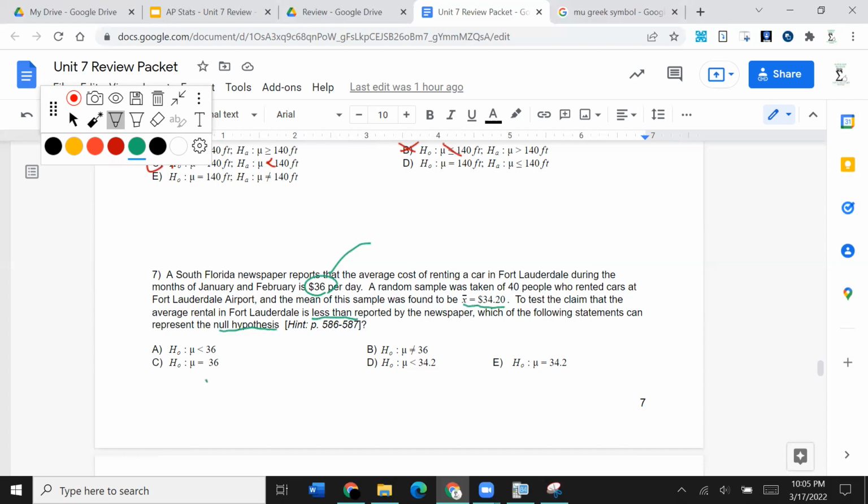So our null would be mu is equal to 36, always equal. An alternative would be mu is less than 36. And then this is our sample mean. So we'll use that number when we're trying to calculate our p-value and test statistic and all that stuff. But right now our hypotheses are just going to be this, and that's asking for the null. Again, it's going to be C. Mu is 36.